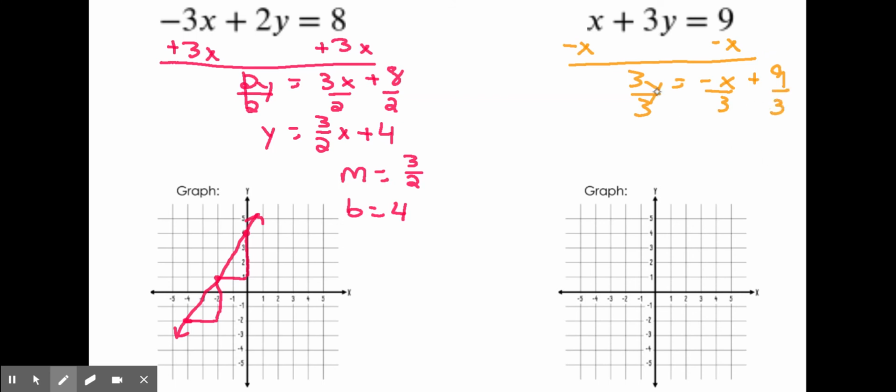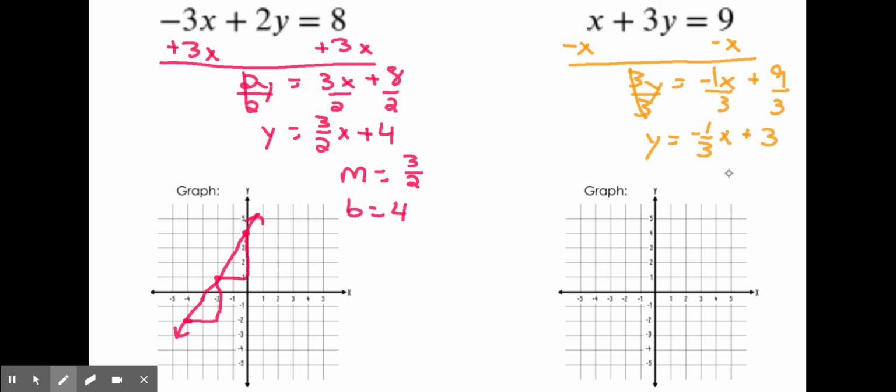Every single term. So these 3's simplify to 1. So y equals, now right here, this is kind of weird, but you know that there's a 1 there. So my coefficient is -1/3, then x, and 9 over 3 is 3.